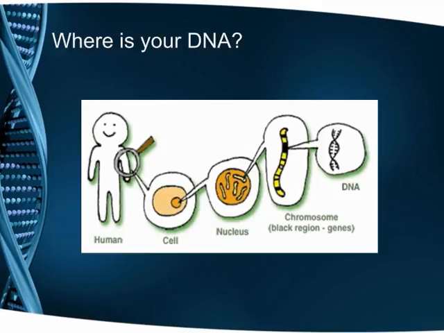You will see in the upper right corner of your graphic organizer the same picture that is shown here. Where is your DNA? It's a question that many people have quite a misunderstanding about. So we'll start with the picture of the human, and as you know now, humans are made of cells. So label the cell in the space provided. Cells have a nucleus.